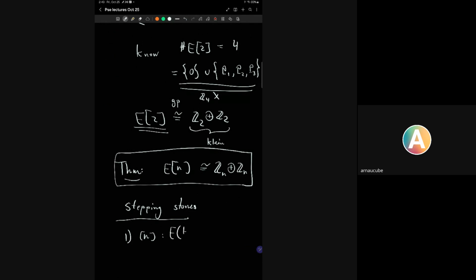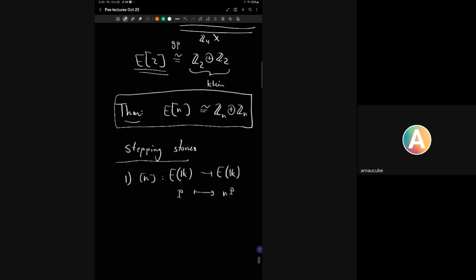This goes from E(K) to E(K), and P, of course, goes to nP. And we basically want the kernel: E of n is going to be the kernel of this map, right? It's like the points in E(K) such that nP is equal to 0.